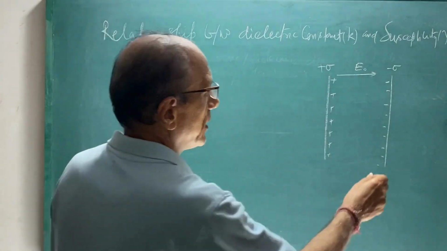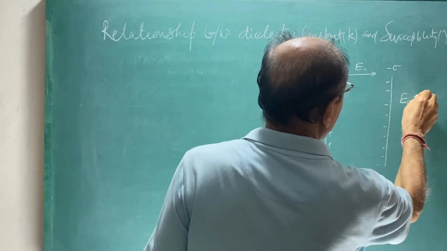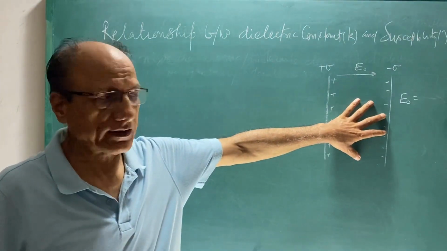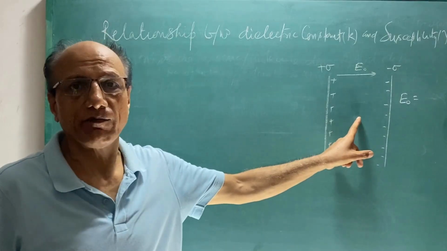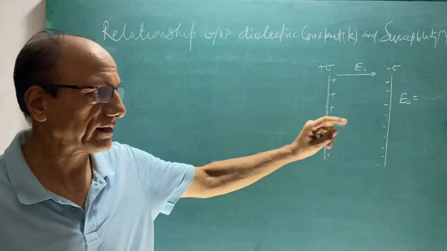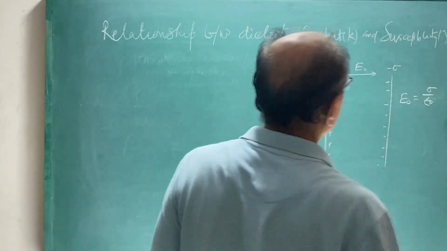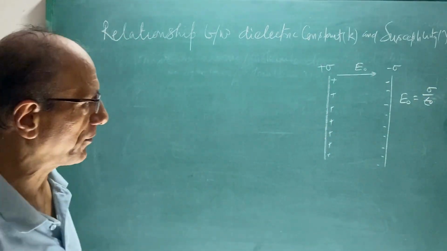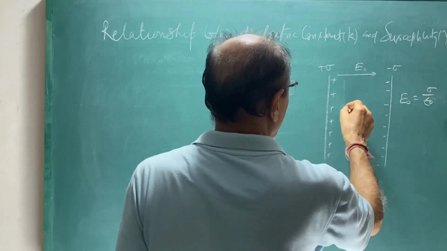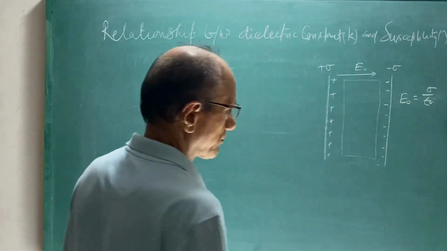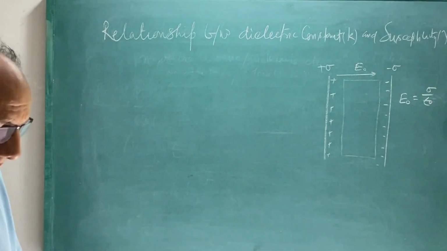And so E naught will be equal to how much? In case of the parallel plate capacitors, what is the value of the electric field between the two plates? Yes, that is sigma by epsilon naught. Very good. Now, if suppose some dielectric medium is placed over here, so what is going to happen?